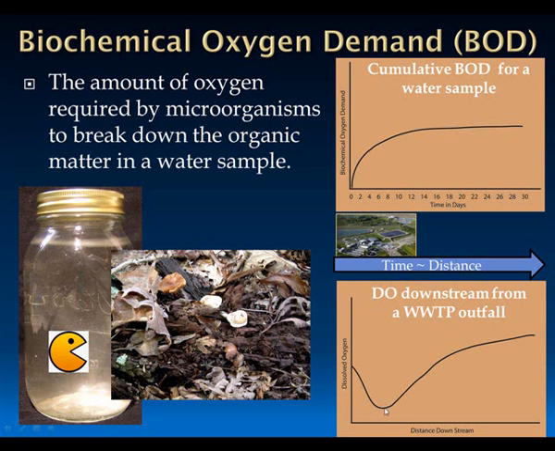And then as things get broken down and there's less oxygen demand on this part of the BOD curve, it'll come back up. Before we were doing a good job with our wastewater treatment, we would get these big dives in DO downstream from the outfalls, and you'd get big dead zones. And these dissolved oxygen dives still happen to some degree downstream from wastewater treatment plants, but it's a much less prevalent issue than in the past.